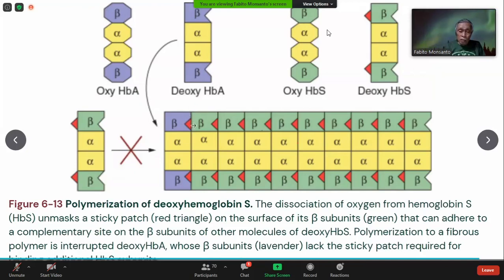Then it is now attached to it because that is sticky. And the other like this because there's a complement on this side. So other hemoglobin S will just attach here. And so that's what happens now. They're attached to each other.